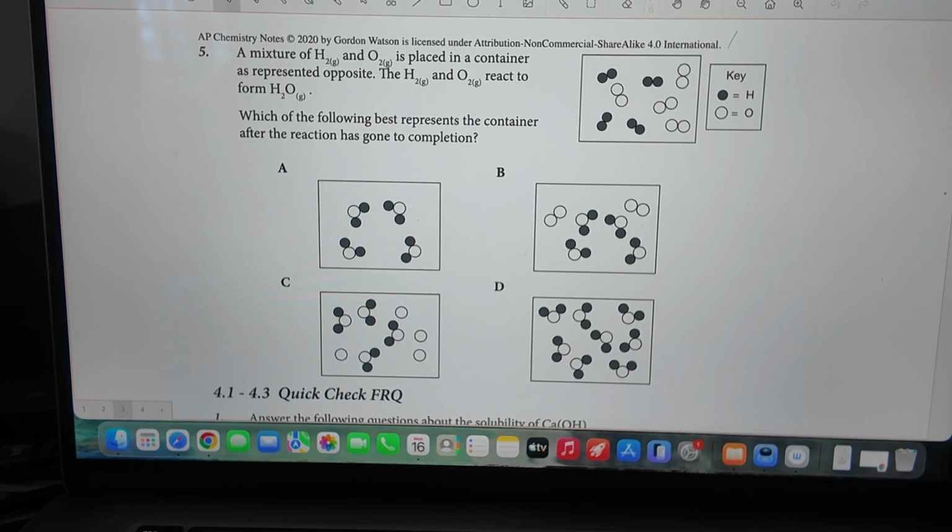Okay. A mixture of H2 and O2 is placed in a container as represented opposite. The H2 and O2 react to form H2O. So here it's very similar to what we've done before.